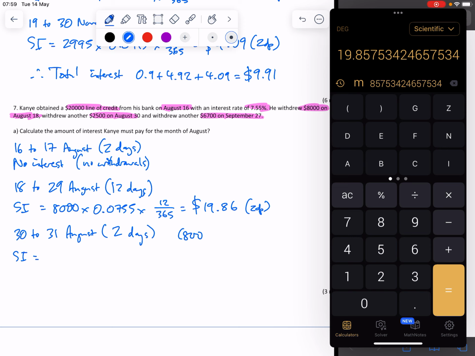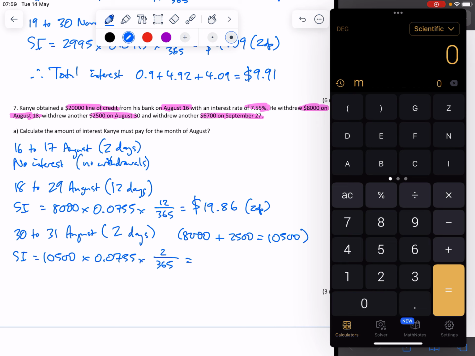So that's 10,500 that he has withdrawn at this point. So P is going to be 10,500 times 0.0755 times the 2 days at the end of August. 2 divided by 365 times 0.0755 times 10,500 is $4.34 to 2 decimal points.